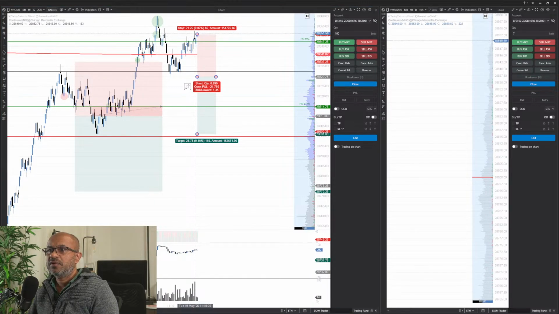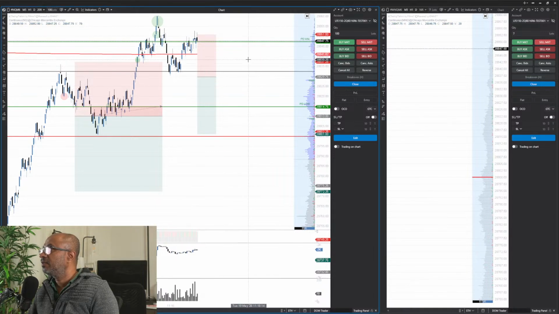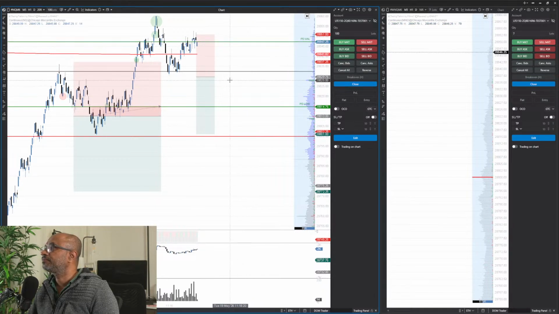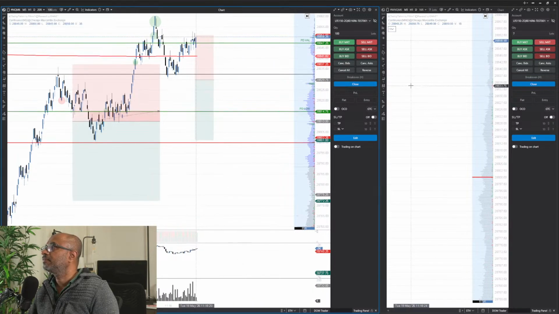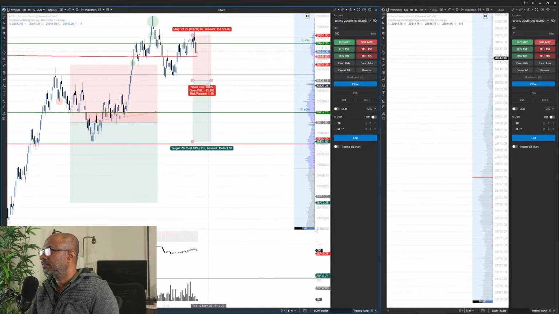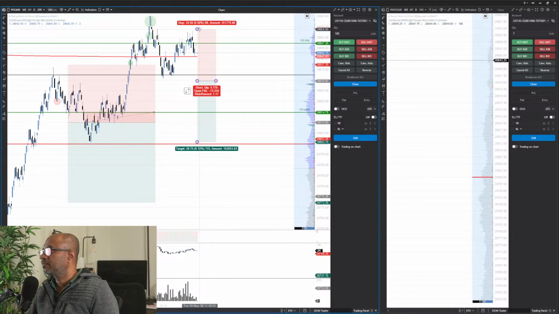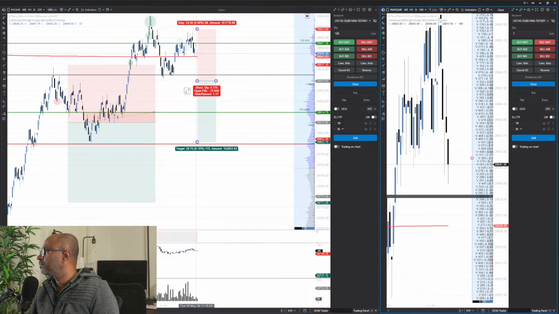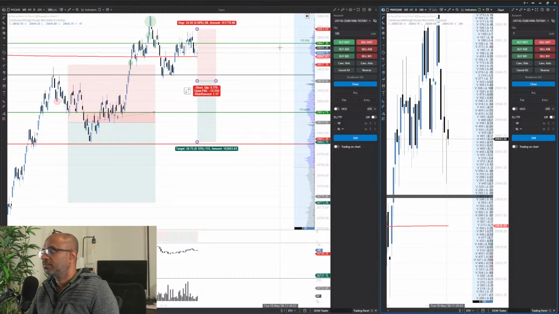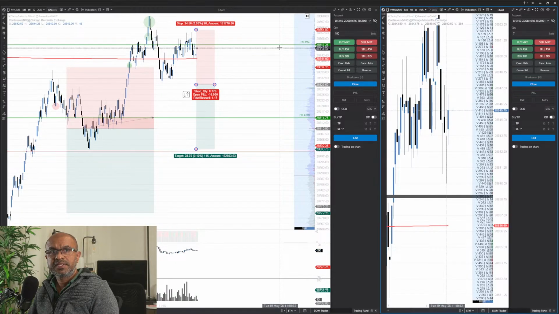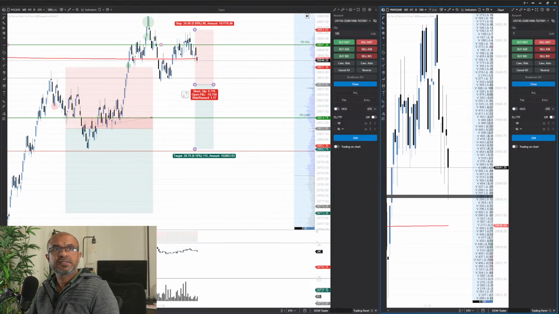Okay, so I'm also looking at the developing price action. The price is heavily fluctuating.